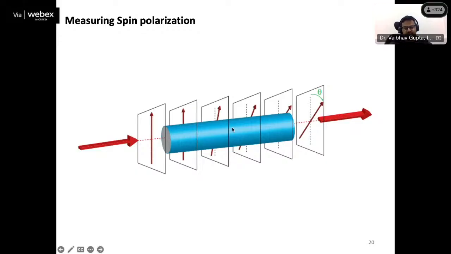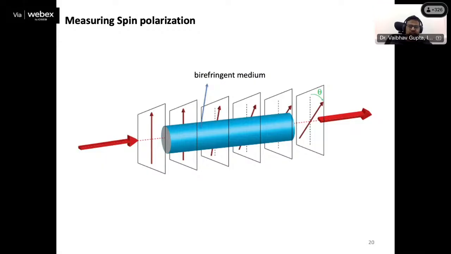Why does this happen? There is actually a long theory behind that. These rubidium atoms, for circularly polarized light, act as a birefringent medium. So what is a birefringent material? In two different directions, the refractive index of the material is different. Let's say in the x-axis and y-axis, the light propagating in x may be faster because the index is lower, and in y the light propagates slower because the index is higher.